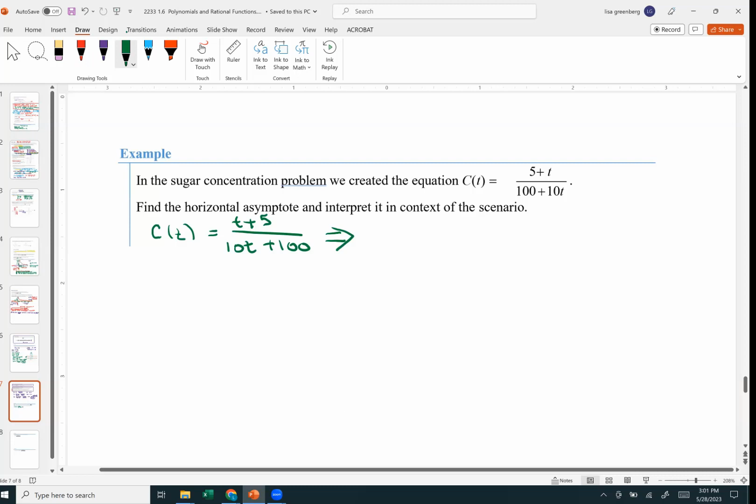Well, the degree in my numerator is equal to 1, and the degree in my denominator is equal to 1. So I have a horizontal asymptote at y equals the leading coefficient on the numerator, which is 1, over the leading coefficient on the denominator, which is 10.